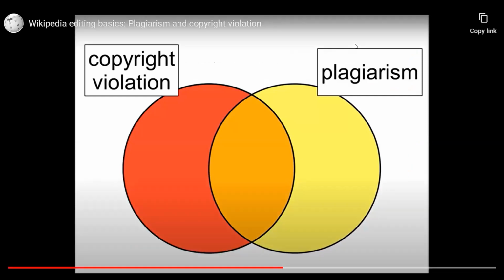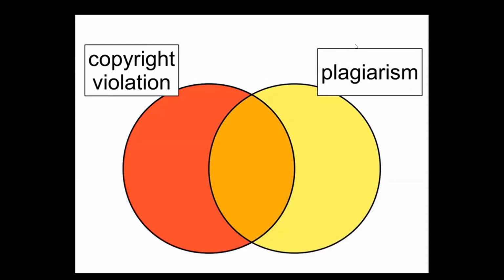But, for example, if an editor adds the lyrics to a pop song into the article about that song, this may violate copyright, even though it is not plagiarism. And if an article about a court case includes passages from the ruling without indicating it, this is plagiarism, even if the copied text is in the public domain and not subject to copyright restrictions. None of this is allowed on Wikipedia.